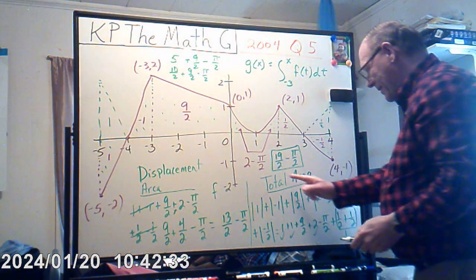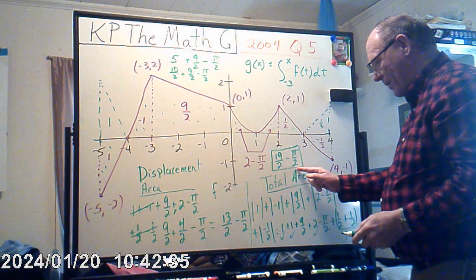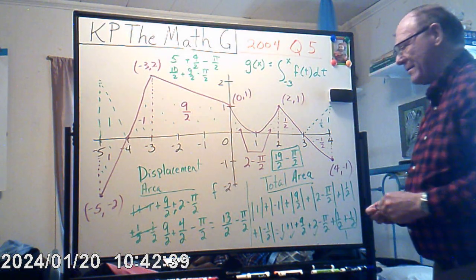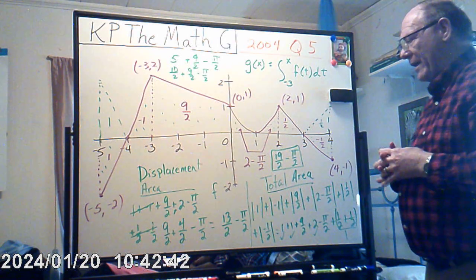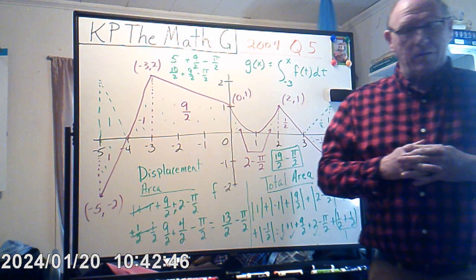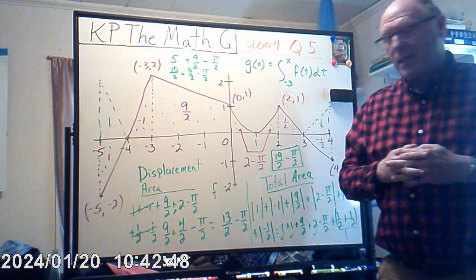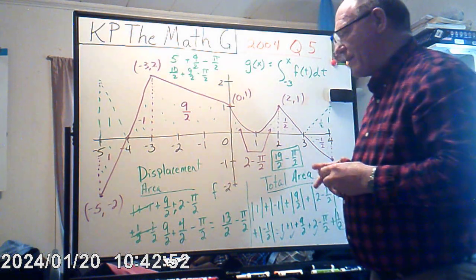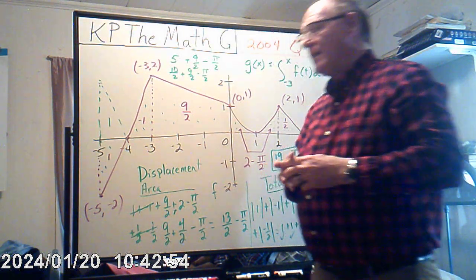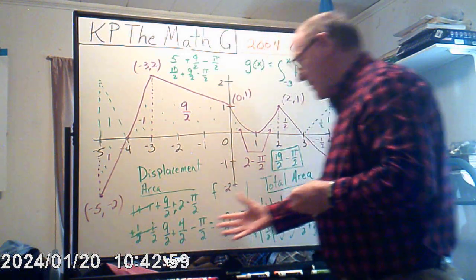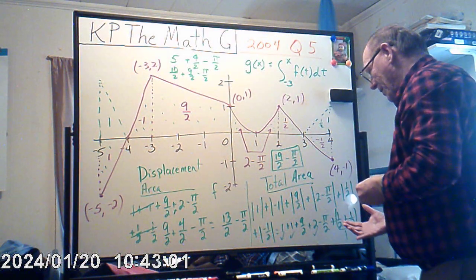It makes sense that this is 19 over 2 minus pi over 2, and this is 13 over 2 minus pi over 2. That's basically what I wanted to show you in this first video: once you get these individual areas, you can figure out the displacement or even the total area.